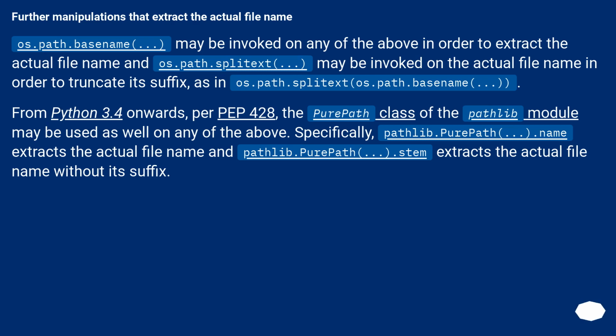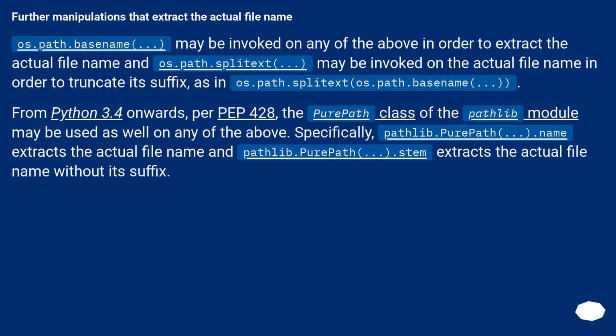Further manipulations that extract the actual file name. os.path.basename(...) may be invoked on any of the above in order to extract the actual file name, and os.path.splitext(...) may be invoked on the actual file name in order to truncate its suffix, as in os.path.splitext(os.path.basename(...)).